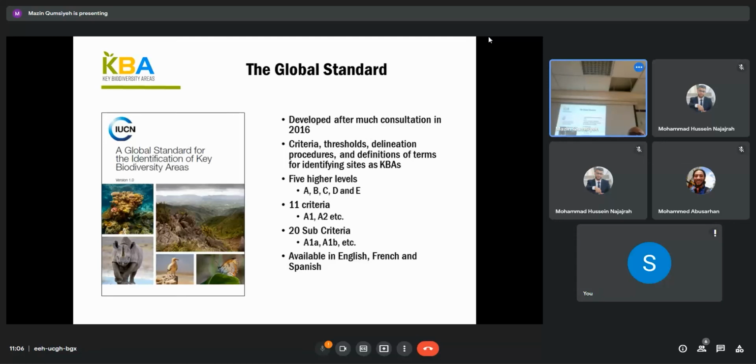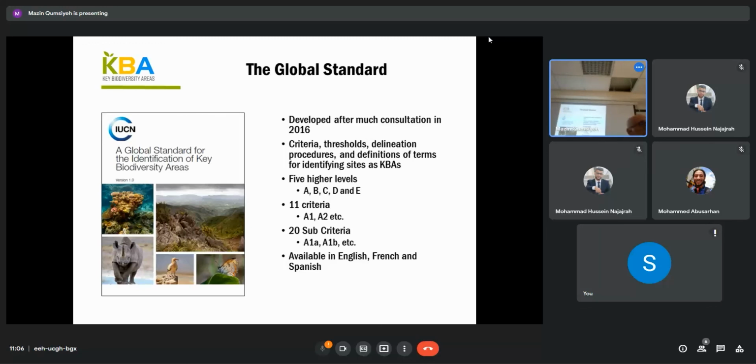That's a reason why IUCN was at the basis of this initiative of defining a way to assess a region to define a Key Biodiversity Area. It was developed after much consultation in 2016, so it's really recent. It's not an old story.